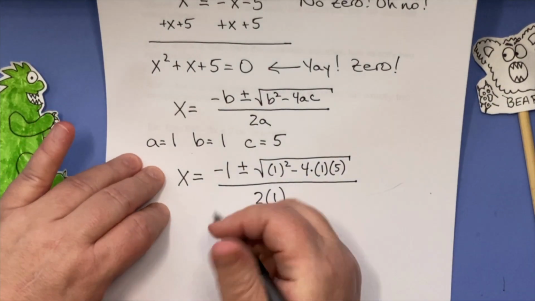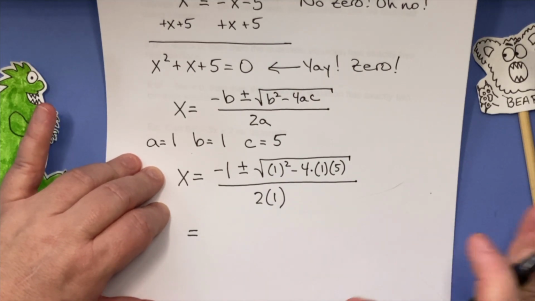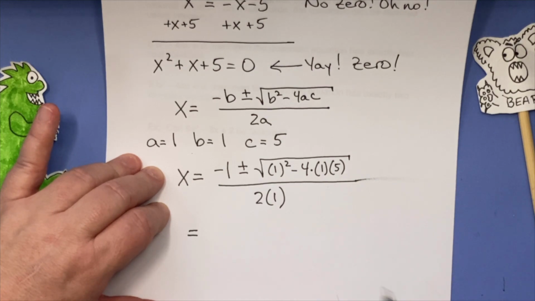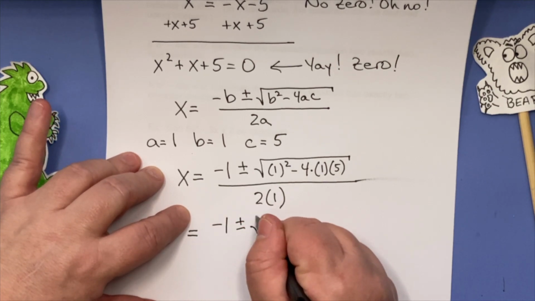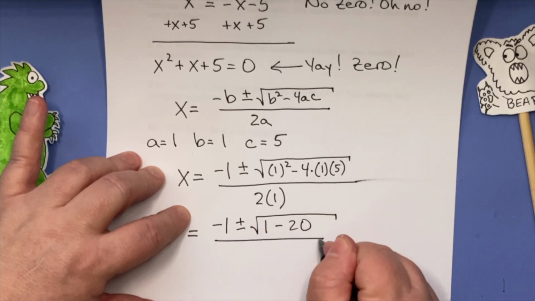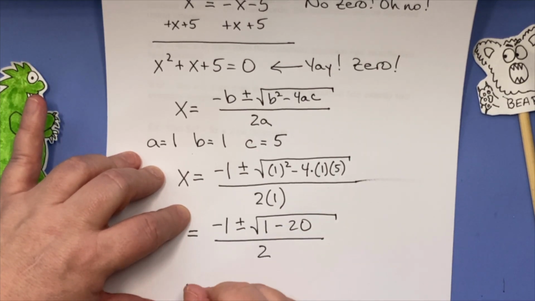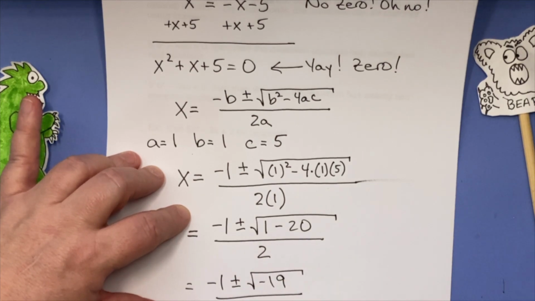So let's keep going. And some of you might have noticed, oh no, something weird is happening. Don't panic. Don't let your brain panic at it. We're just going to step through this. So I get -1 plus or minus radical 1 minus 20 all over 2, which is equal to -1 plus or minus radical -19 all over 2.